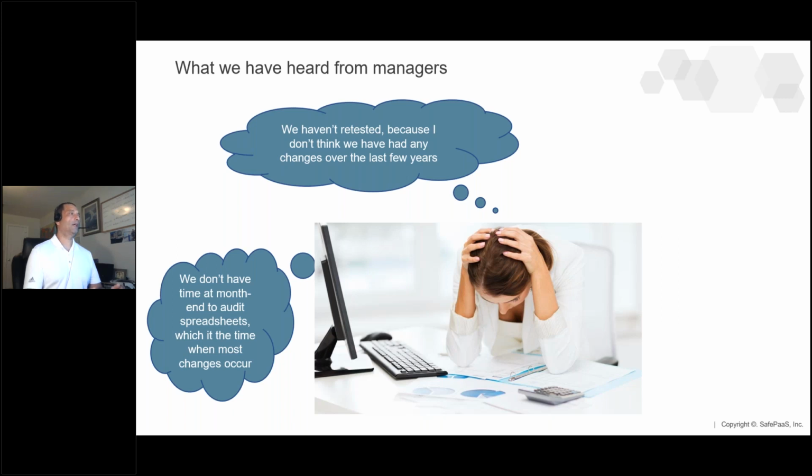Other concerns are that we haven't had time to retest because we didn't think there were any changes made from the last few years, but this year is different, right? There are changes in certain accounts, such as goodwill and a few other asset accounts. This is an unusual year.